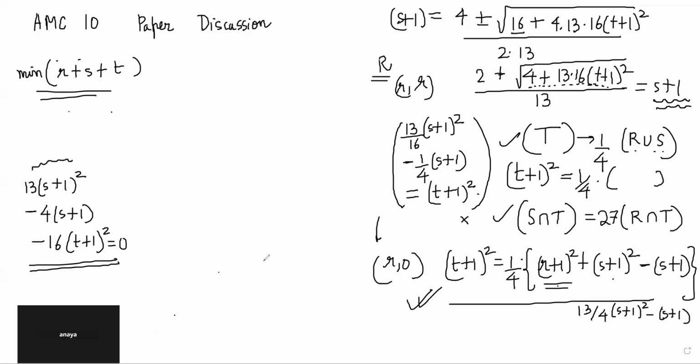No, s plus 1 whole square. R plus 1 whole square is 9 by 4 times s plus 1 whole square. So this relation is there.